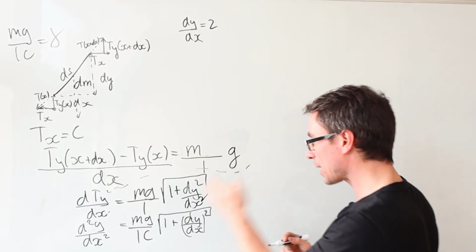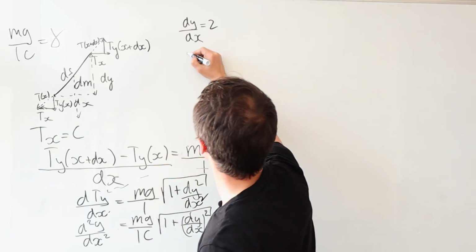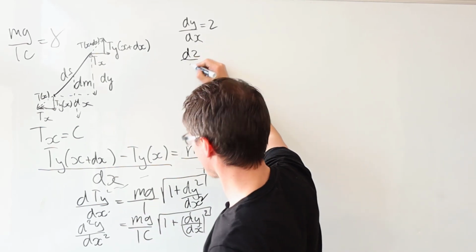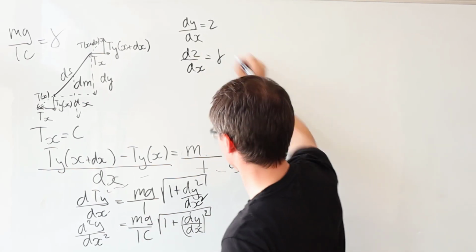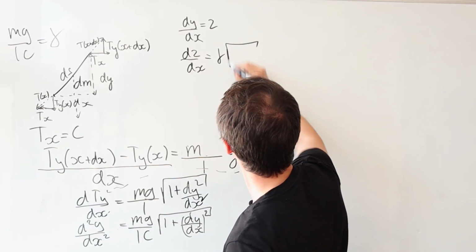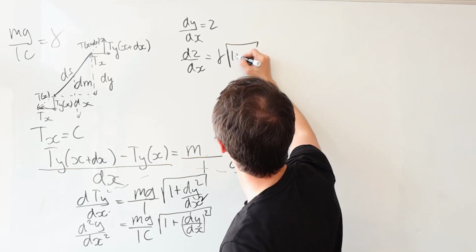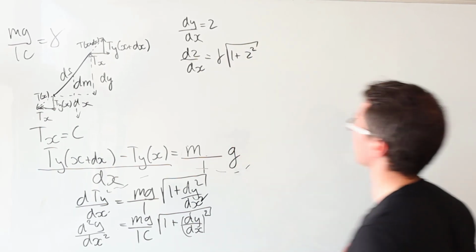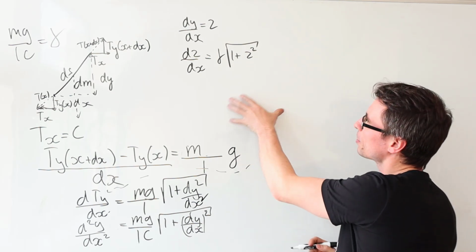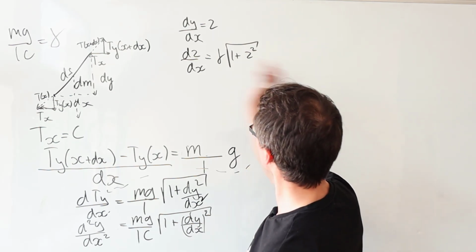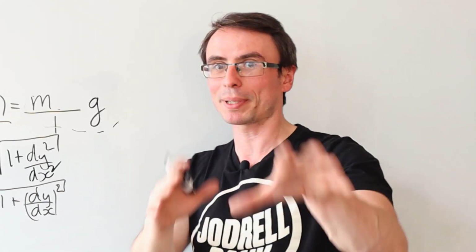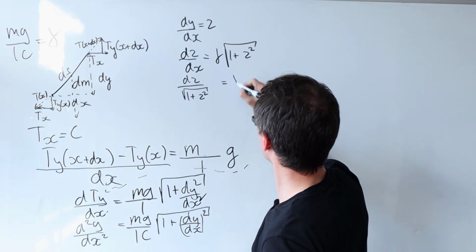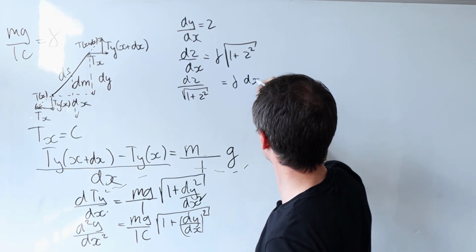Okay, well, that means that dz by dx will just be given by gamma times the square root of 1 plus z squared. This is probably a separable differential equation, so let's bring all the z terms onto one side. That will just equal gamma dx.